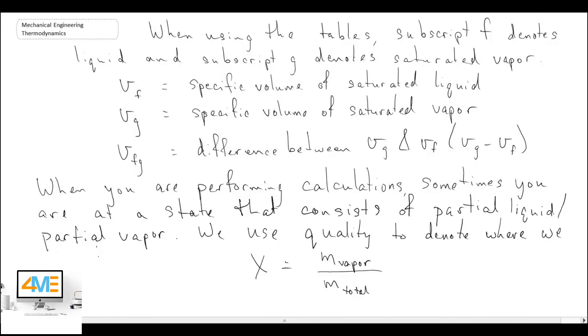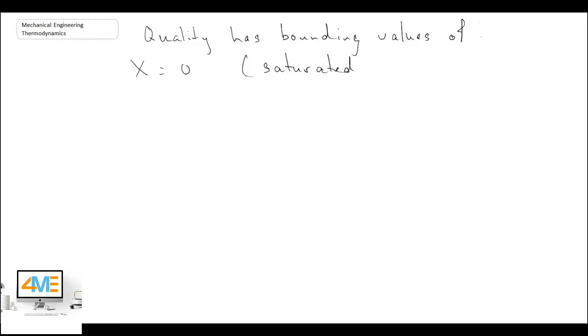So when you're way over on the right-hand side, on the saturated vapor line, you'll have a quality of 1. And when you're way over on the left-hand side with saturated liquid, you have a quality of 0. So quality has bounding values of x equals 0 for saturated liquid, and x equals 1 for saturated vapor.